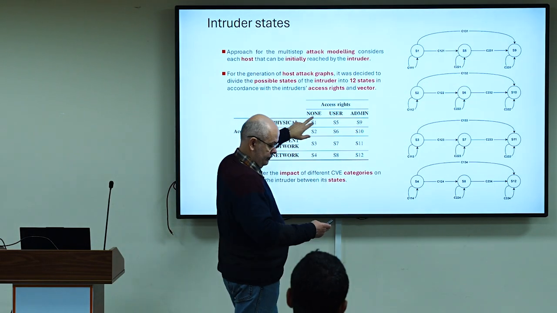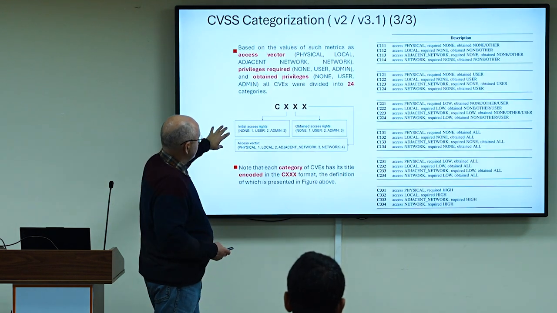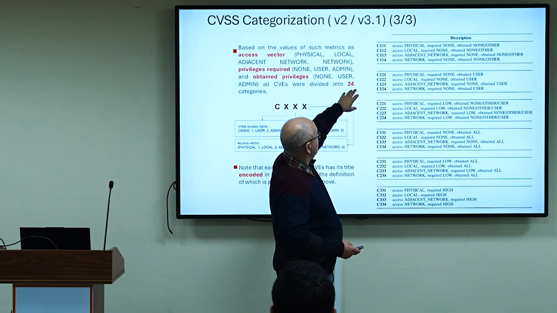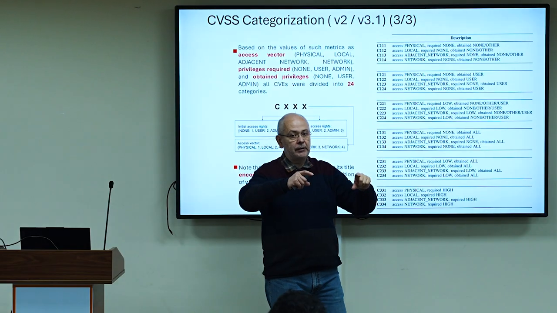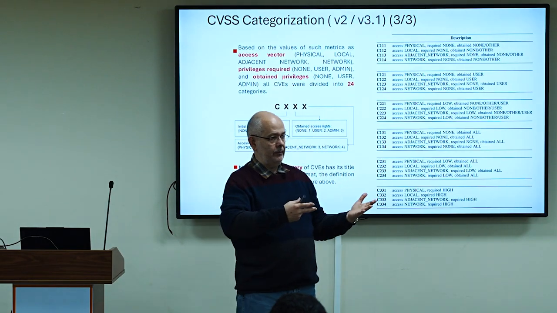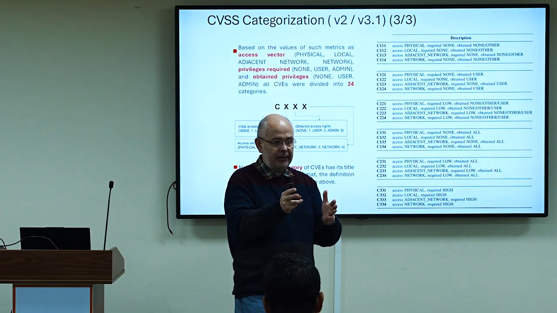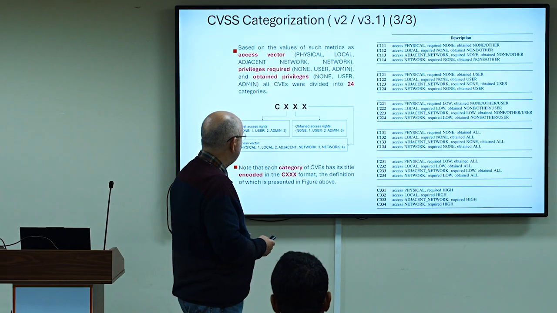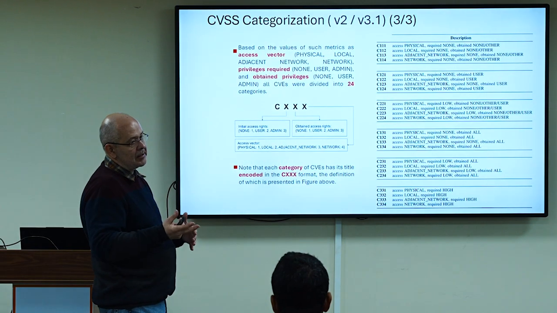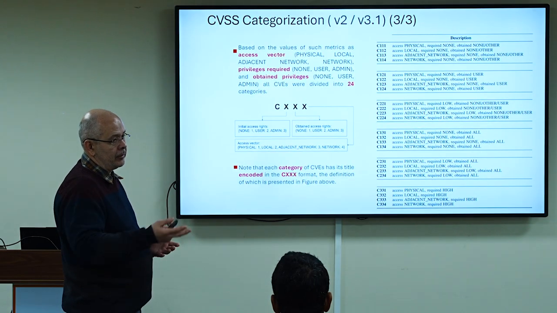Understand? So why do we use this? We have this action and we can depict it on the attack graphs. Again, this is our agreement on how to present it. Is it clear? But maybe in another system it would be different. The question?